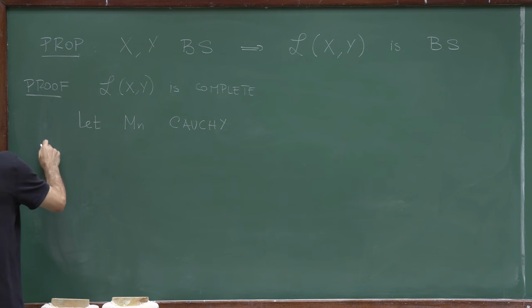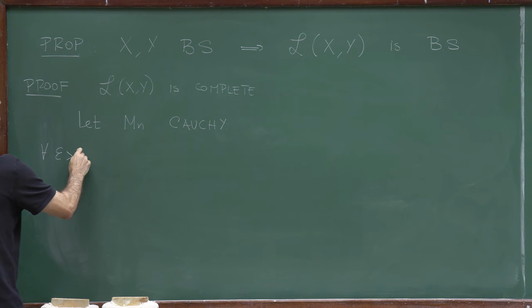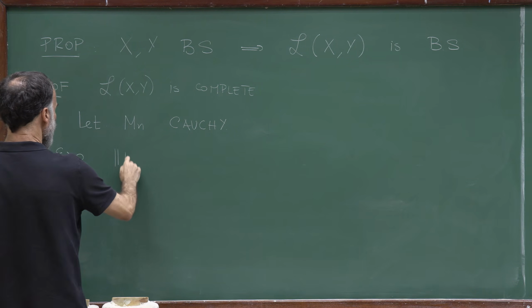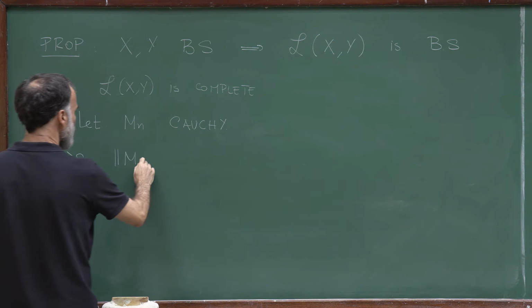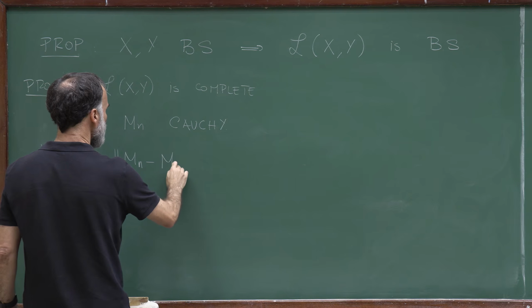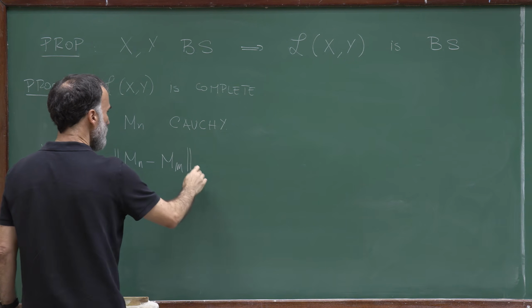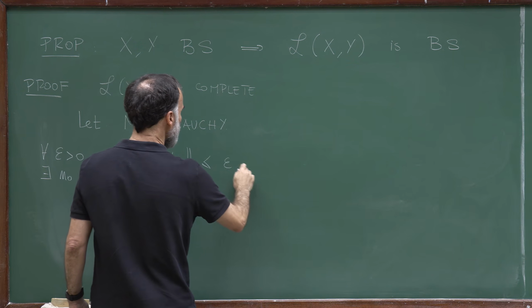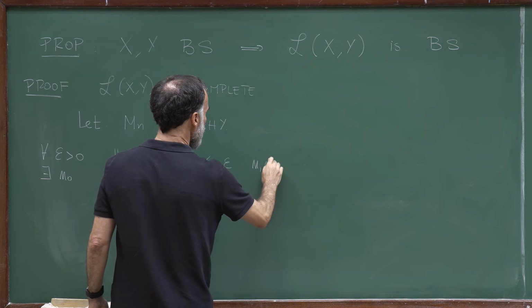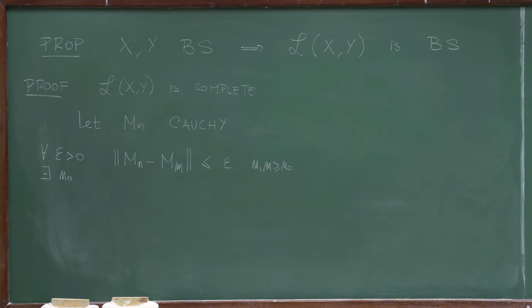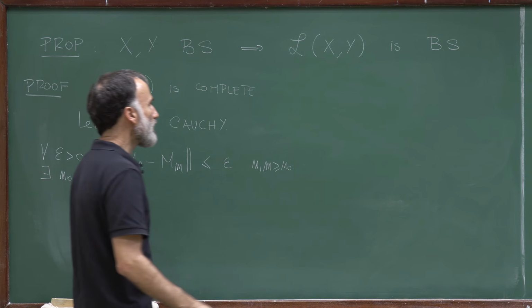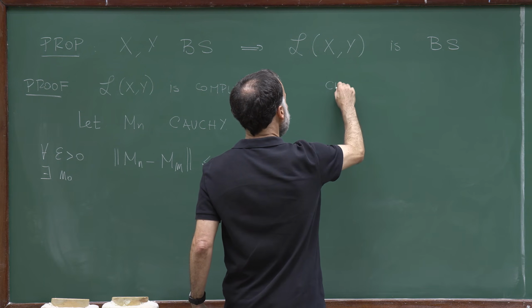So this means that for all epsilon positive, there exists n0 such that the norm of Mn minus Mm is bounded by epsilon provided n and m are larger than n0. Okay. My claim is the following.